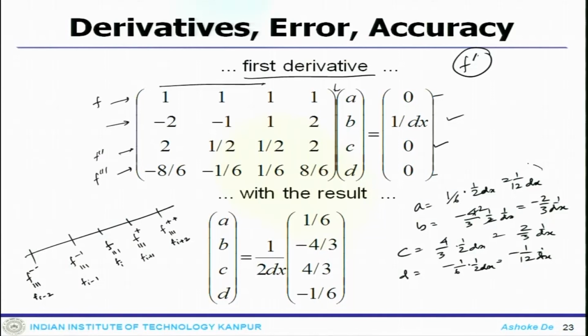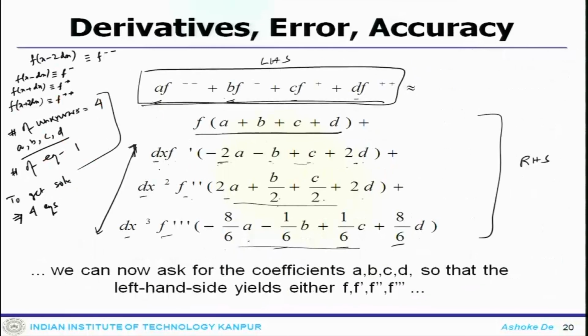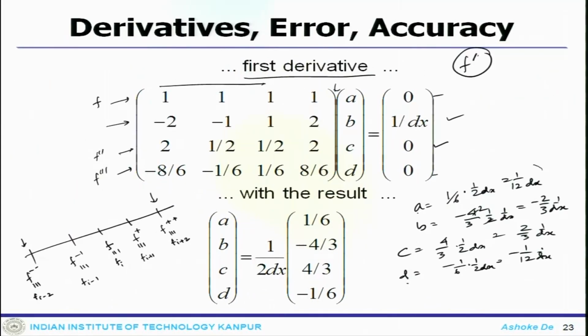A and D are connected with this point and this point of the system, because if you look back at the equation, A is multiplied with f double minus and D is multiplied with f double plus. So A is multiplied with this, so the weight is 1 by 12 dx and D is minus 1 by 12 dx.